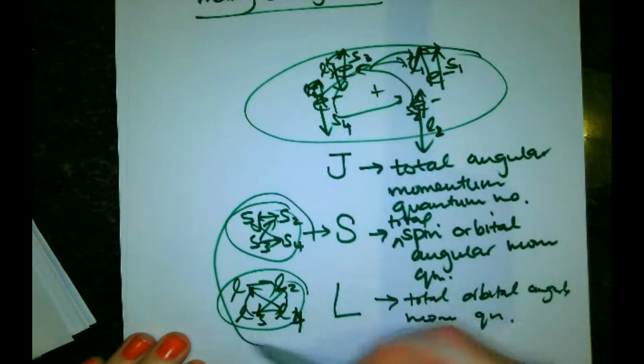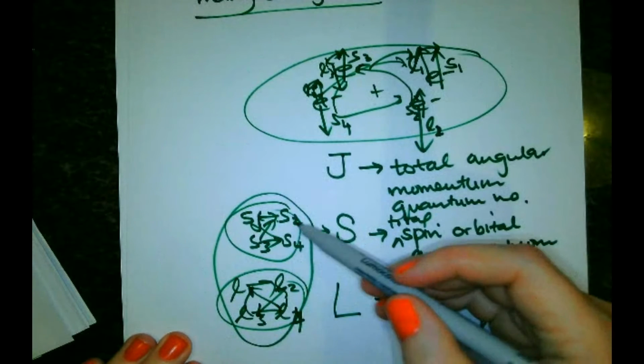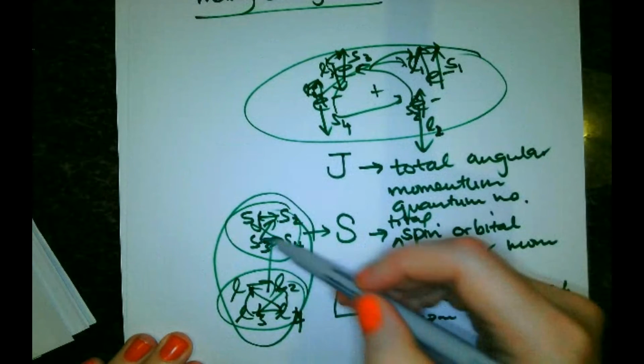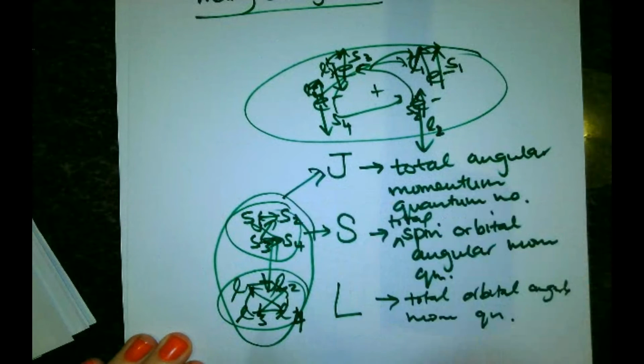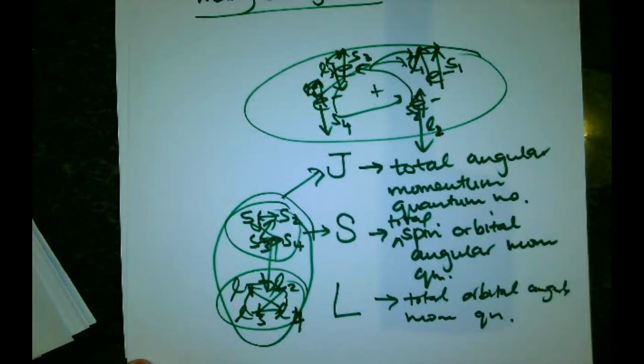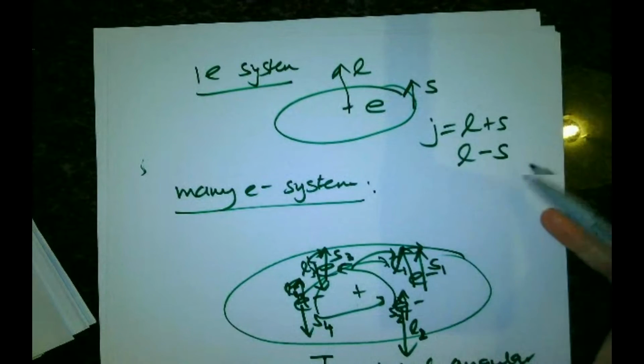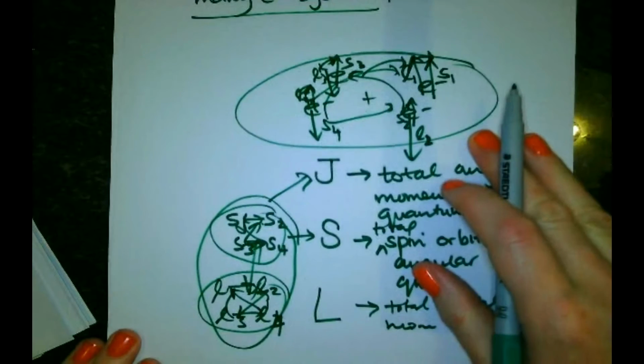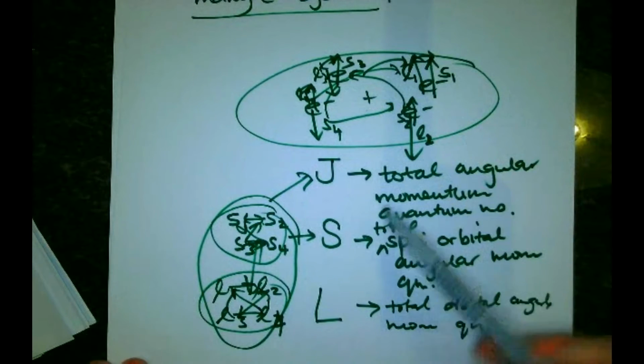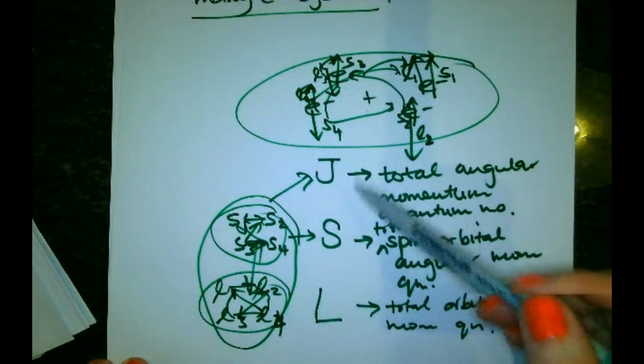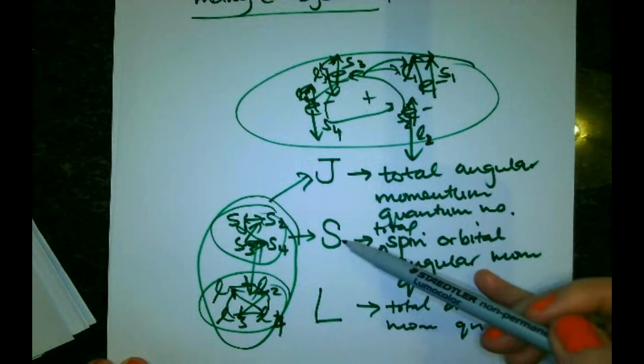And then by combining all of this, how the S's couple, the L's couple, and how they couple with each other, we get the total angular momentum as given by J. Okay, so remember, for a one electron system, lowercase. For a many electron system, it's much more complex, and we start to use uppercase letters.